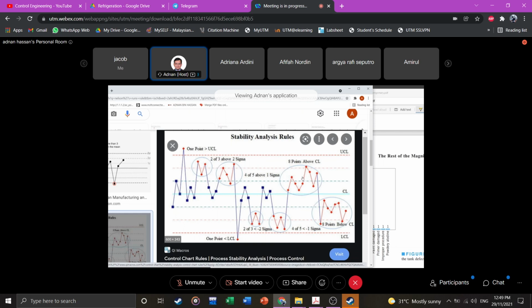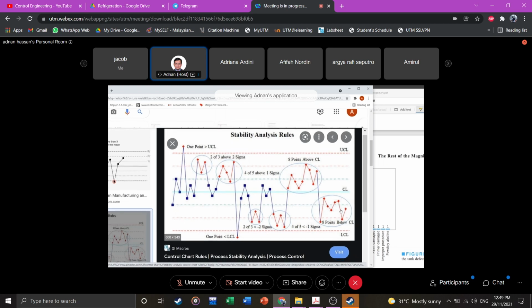Up, down. They cannot be more than 2. If you have 2 continuously like this, it's already unstable. So the point should go down to the other half of the control limit. This also happened in this case, 8 points, but on one side. Okay, on one side.